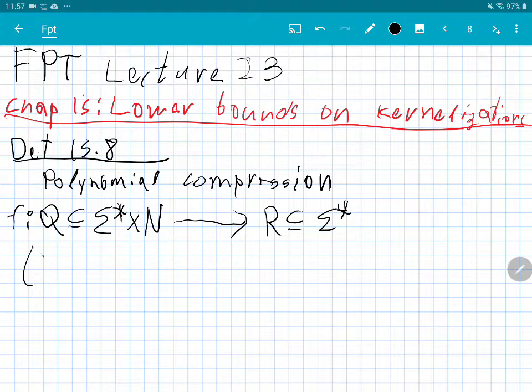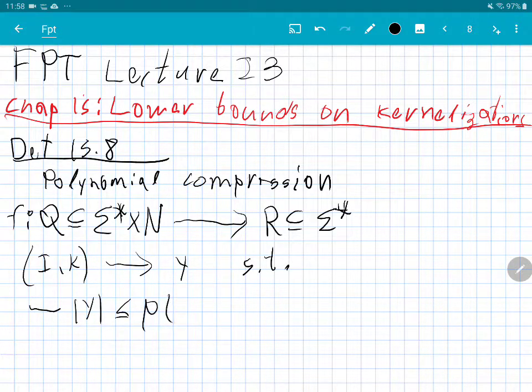We have an instance (I, k), and f maps it into a new string y, such that y would be short, right? y has to have length that is polynomial in the parameter k. This is really what kernelization means. We reduce it to some function of k, and we want it to be polynomial compression. So p is a polynomial. That's important.